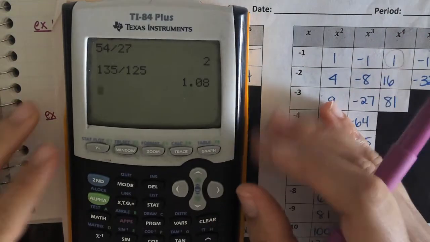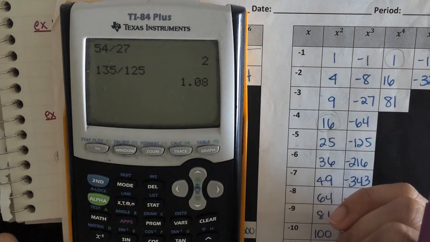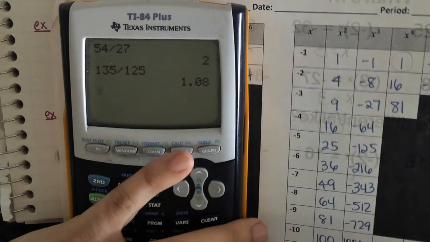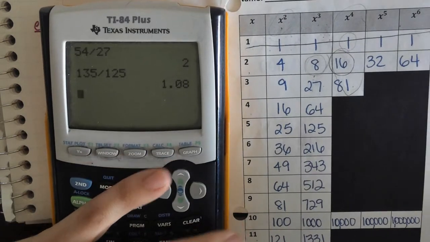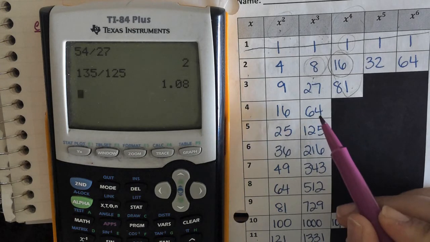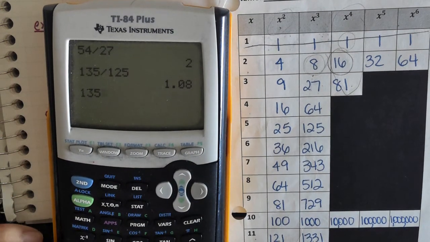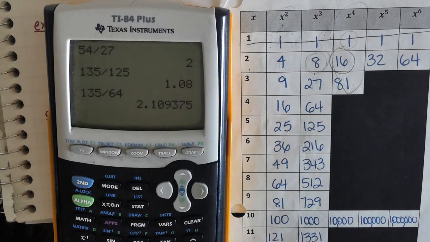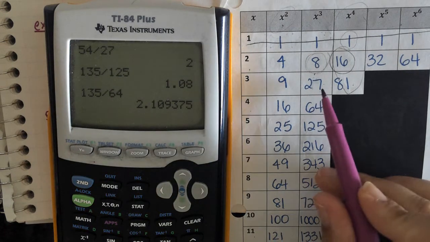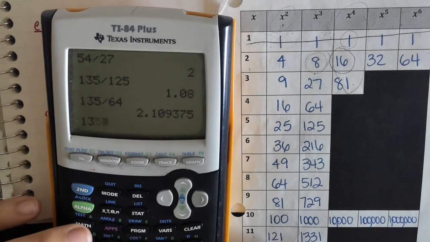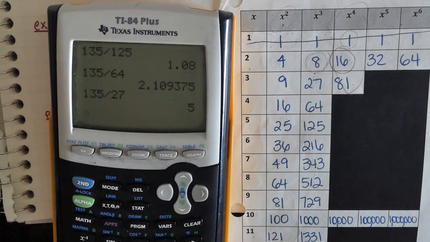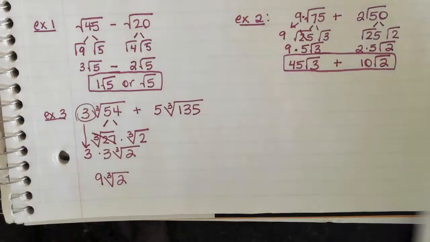Okay, I tried dividing. It did not work. So 125 didn't work. I'm going to move my way up to 64. 135 divided by 64 doesn't work. It's a decimal. I'm going to move up to 27. There we go. 27 and 5. I got a whole number. So I'm going to use 27 and 5.